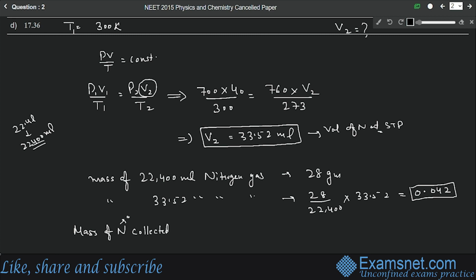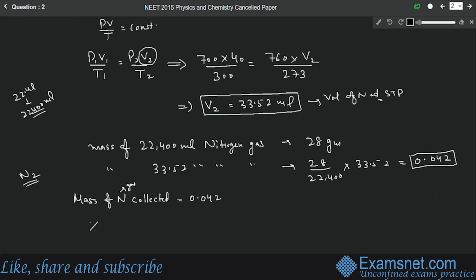Here we are talking about nitrogen gas, that means N2, not nitrogen atom. So that mass is equal to 0.042, and we have to find the percentage of nitrogen. Percentage of nitrogen will be equal to mass of nitrogen collected divided by mass of the organic compound taken, into 100.